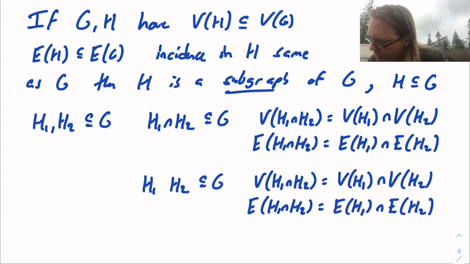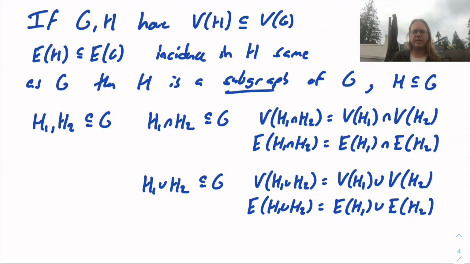If I give you two subgraphs, H1 and H2, you can take the union of their vertex sets and the union of their edge sets and the associated incidence relation coming from G, and that's going to be another subgraph of your original graph. So our subgraphs are pretty flexible objects. We can intersect them and we can union them, and we have other subgraphs.